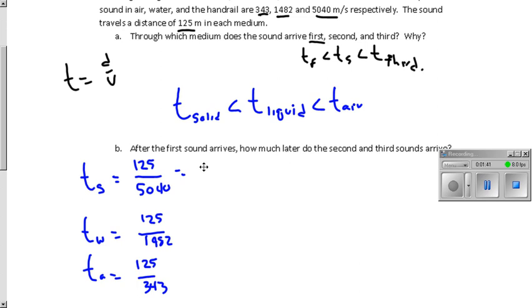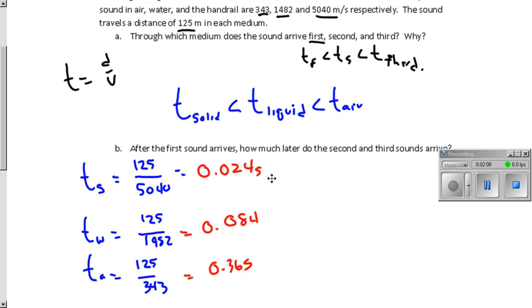our first time is 0.024 seconds. Our second time is 0.084 seconds. And our third time is 0.36 seconds.